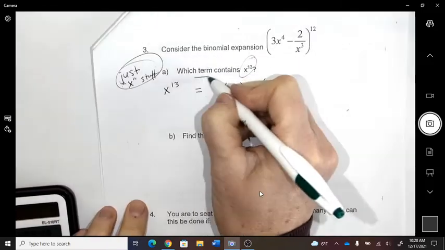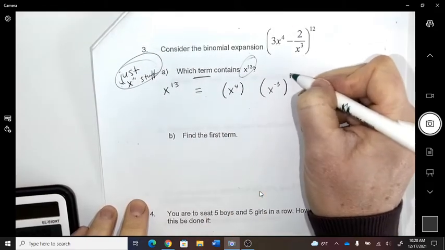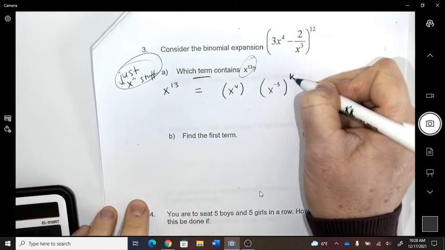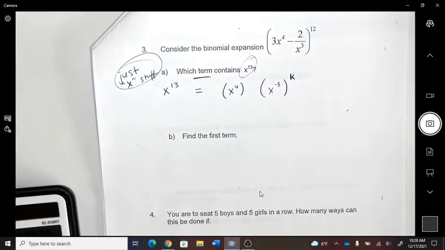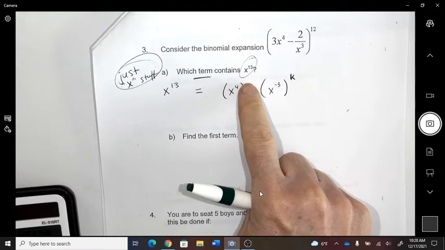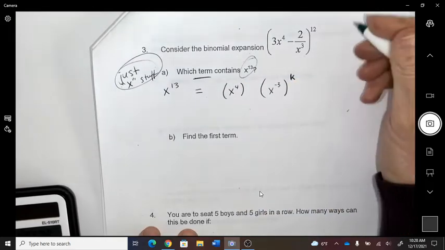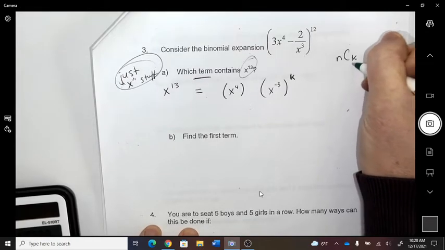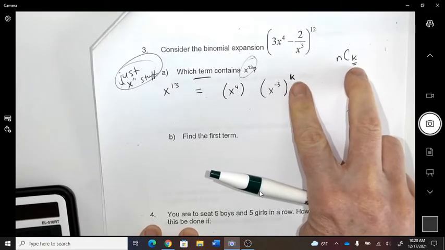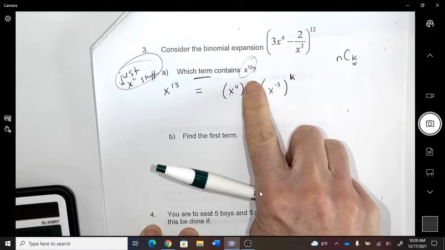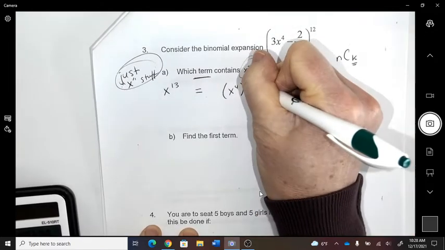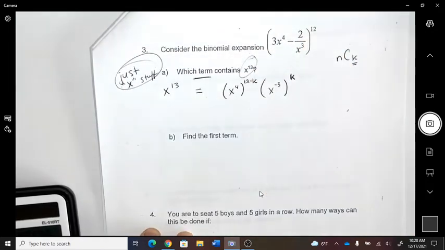And which term... I also don't really know this, but what could I write here? So this one always matches this, and this one is always the subtraction, right?